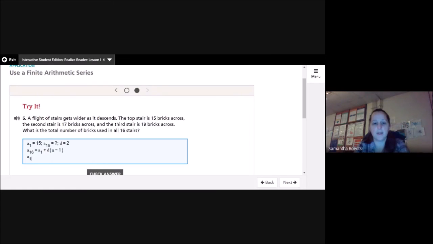So a sub 16 equals 15 plus 2 times (16 minus 1). So a sub 16 equals 15 plus 2 times 15, which is 30, which equals 45. So a sub 16 is 45.